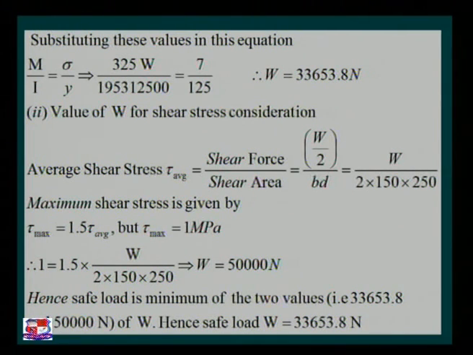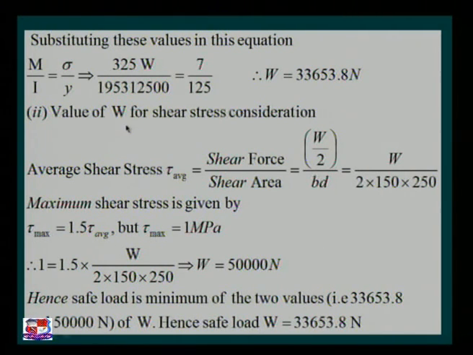Up to that much load, my beam will bear the bending stress value of 7 megapascal. Repeat the word once again: W equal to 33.65 kilonewton load, if it is acting on my beam, it can bear the bending stress of 7 megapascal.